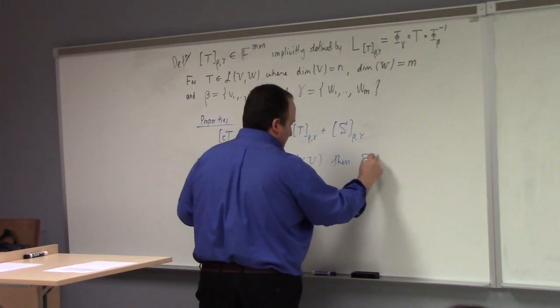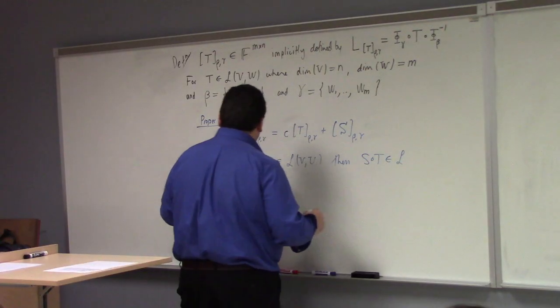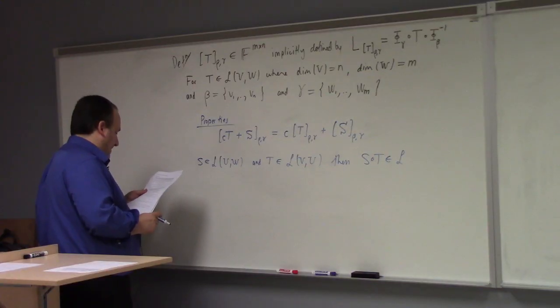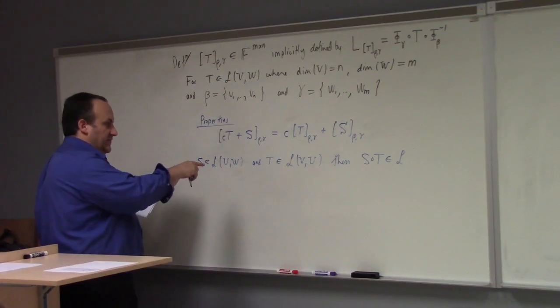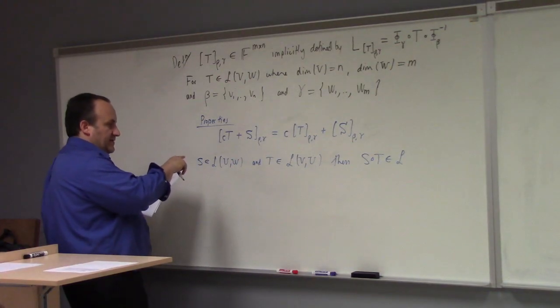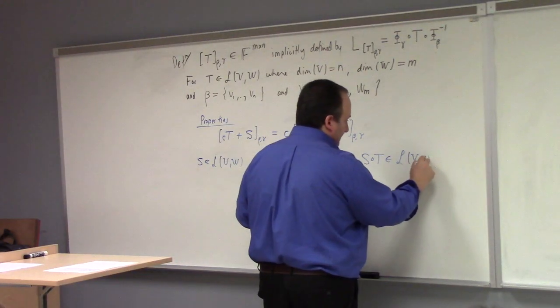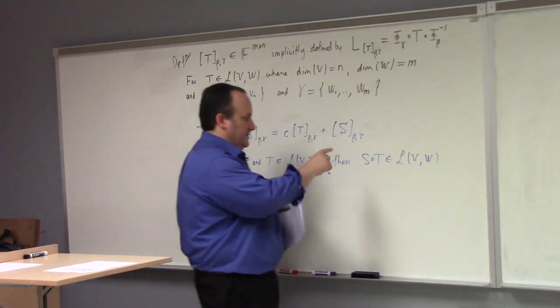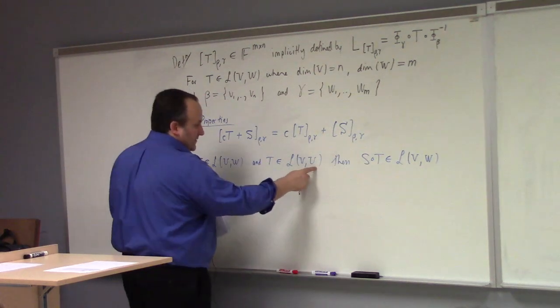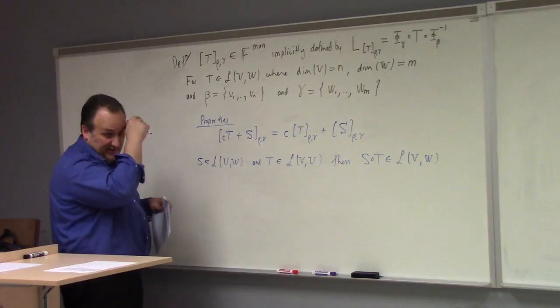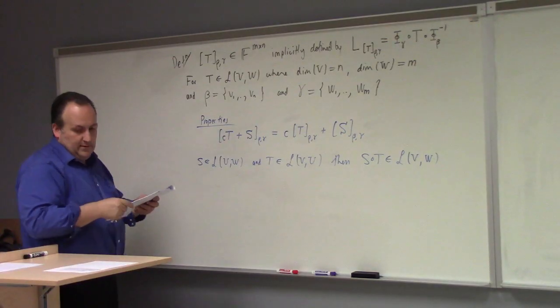S composed with T is a linear transformation from where to where? T goes from V to U, and then S goes from U to W, so from V to W, right? That's the net effect.